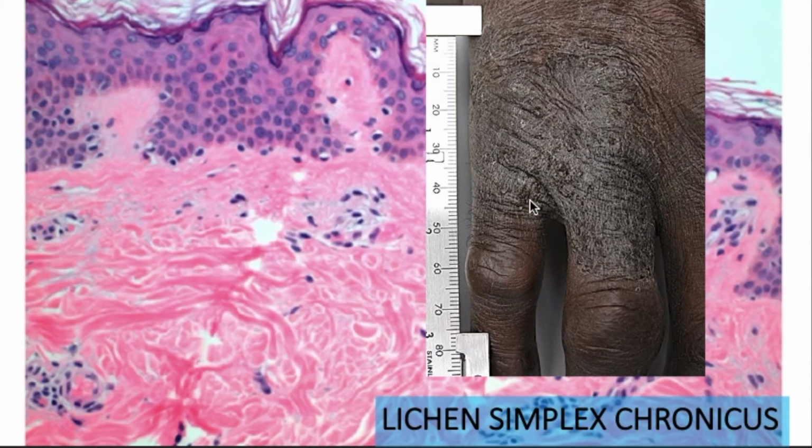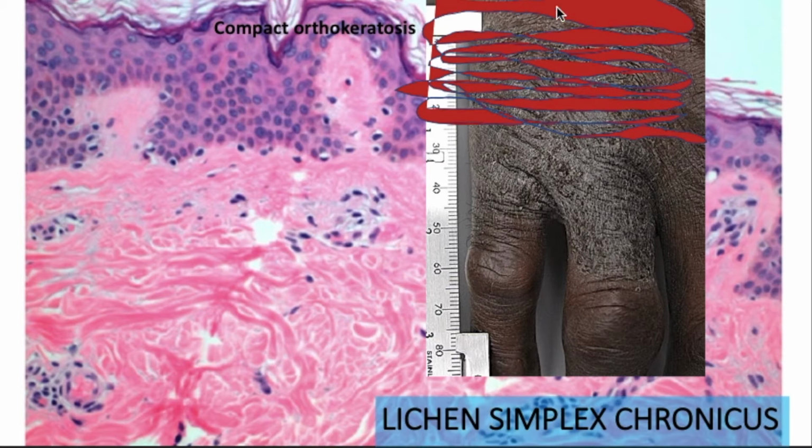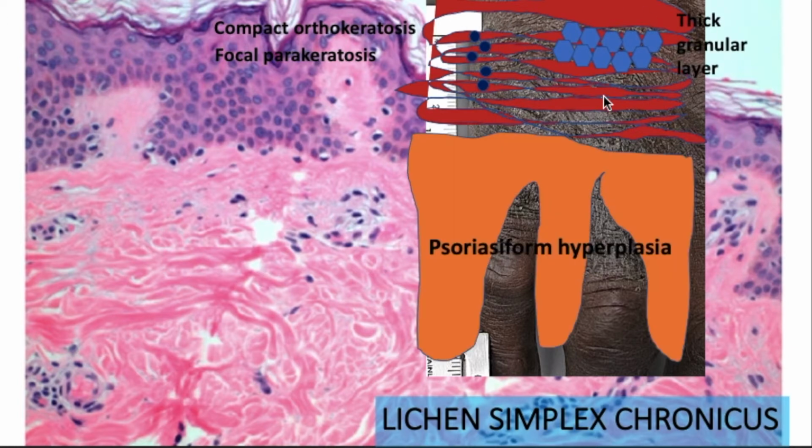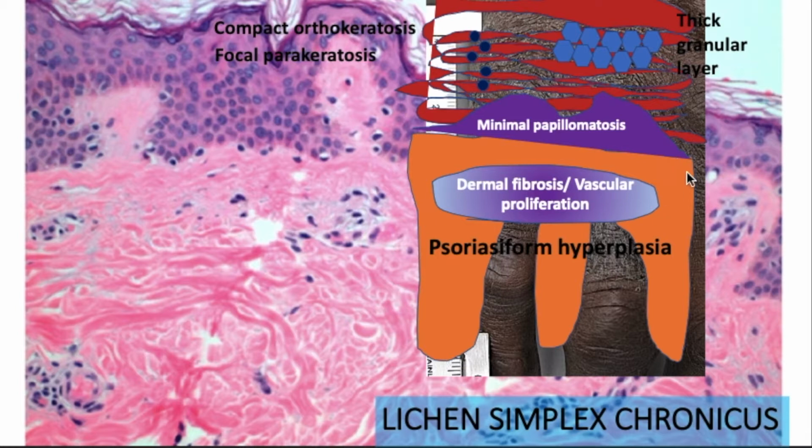Clinically it appears as a dry, scaly, itchy lesion, where you see compact orthokeratosis along with parakeratosis, but in focal areas. We see a thick granular layer and psoriasiform hyperplasia. Sometimes we see minimal papillomatosis, and the most important feature is the dermal fibrosis and vascular proliferation.